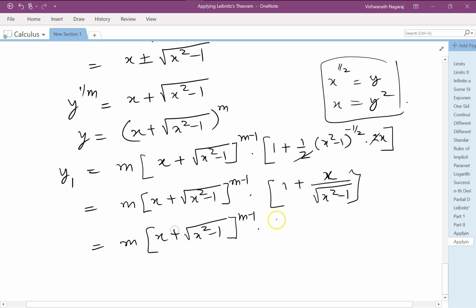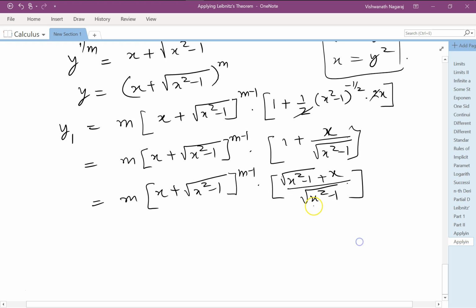Let's take the LCM: square root of x square minus 1 plus x, by square root of x square minus 1. Now this denominator can come to this side. So square root of x square minus 1 times y1 is equal to m times x plus square root of x square minus 1 to the power of m minus 1, times square root of x square minus 1 plus x.